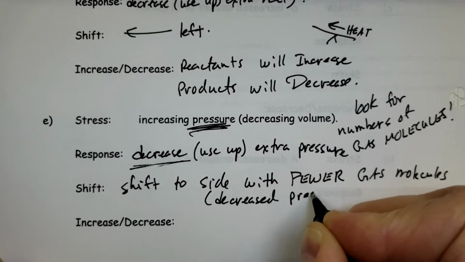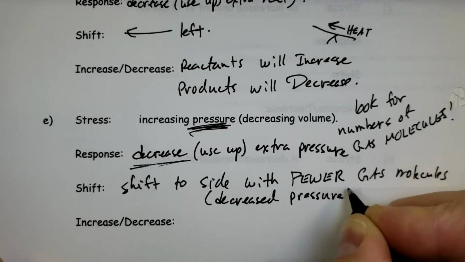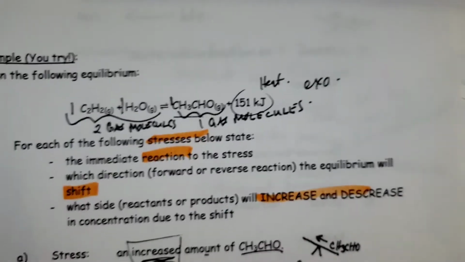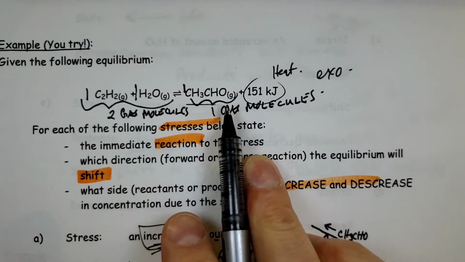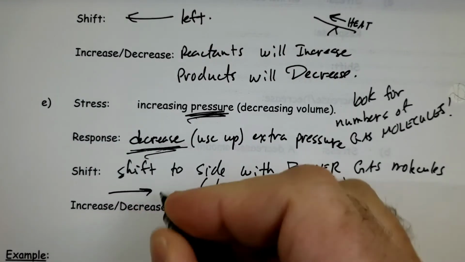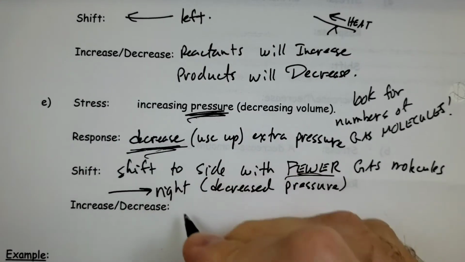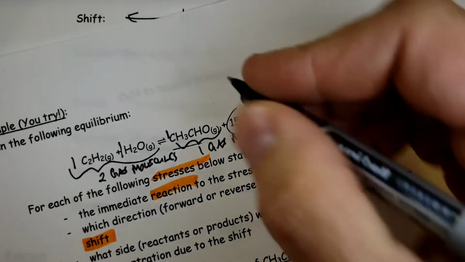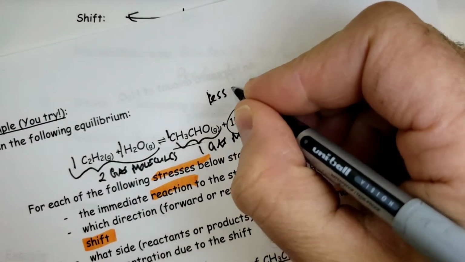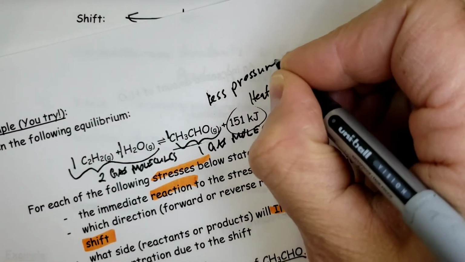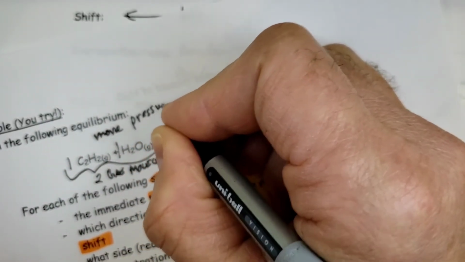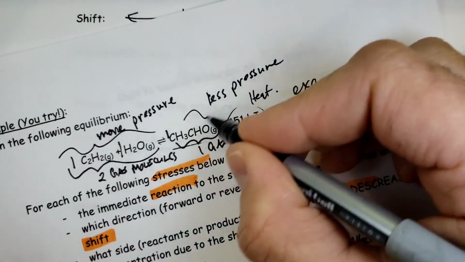And that makes a decreased pressure, going to the side that has fewer molecules. So decrease means fewer. So of course over here, the side with fewer molecules is right there, product side. Okay, so we have less pressure on the right, more pressure on the left.